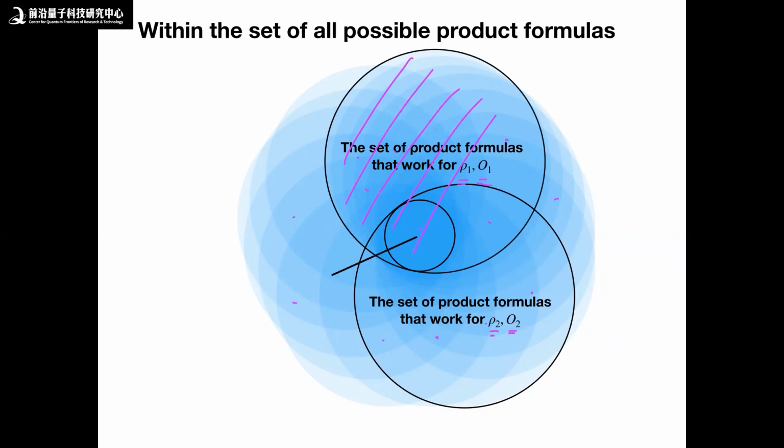And the point is that if you want a general purpose product formula that works for many rows and O's, then you're taking an intersection, right? And once you take the intersection, this area shrinks. Once it shrinks, you have to run more gates to make it bigger.